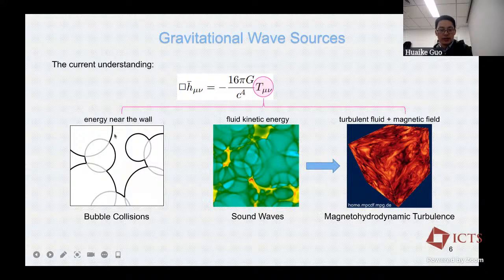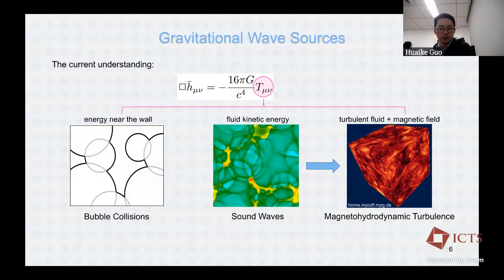One scenario assumes that the energy is concentrated near the bubble walls, an approximation that people considered in the 1990s by Kosowsky, Turner, and others.